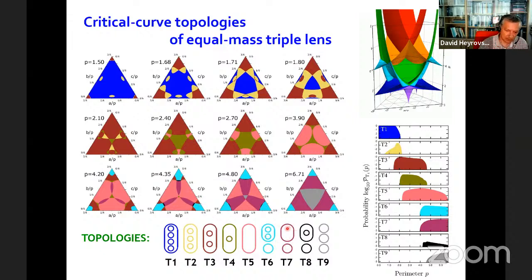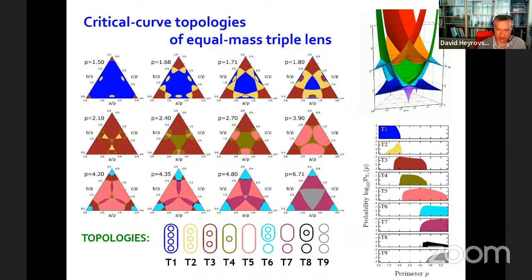Then you have intermediate binary and a separate lens in these magenta. Here you have 1 special configuration which occurs in very narrow regions. And finally, this gray area, that's the 3 independent lenses regime, and that's in the middle of the surfaces up here.